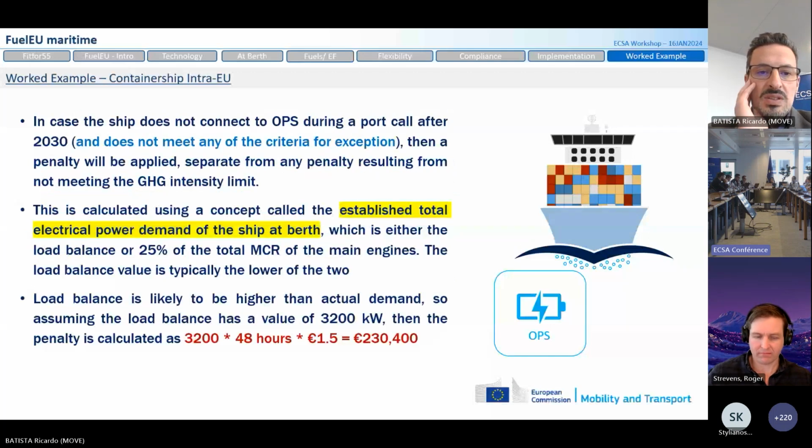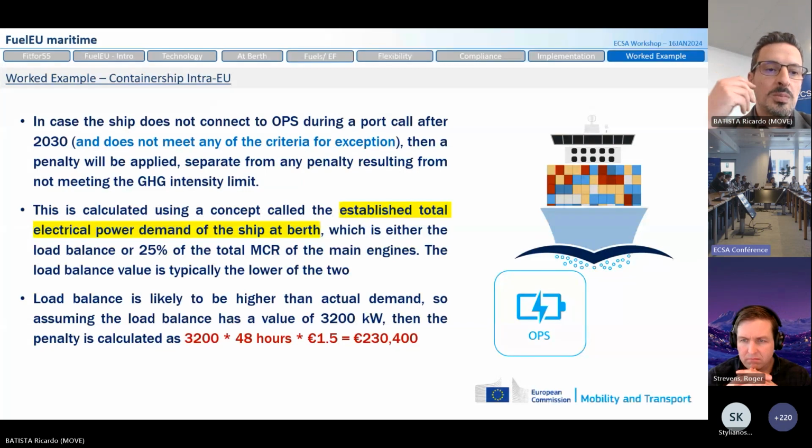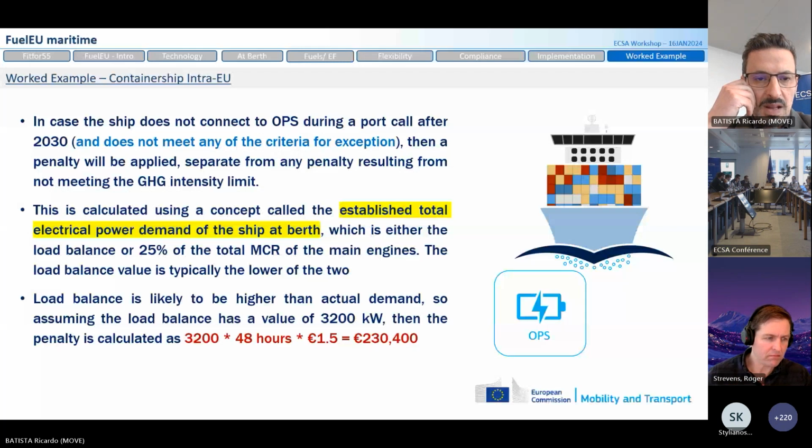Let's say the ship now does not connect to OPS in a port call after 2030. So now we're already talking about the scope for application of the OPS requirements. If the ship does not connect, there will be a penalty to calculate, stemming from a non-compliant port call determined under FuelEU Article 6.